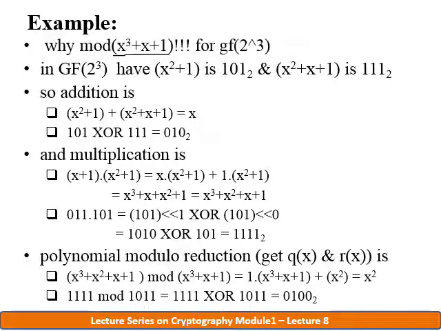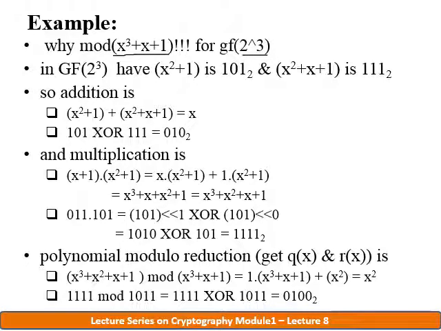It does not have any factors; I cannot factorize it. That is why I say this polynomial is irreducible. It is divisible only by itself or 1. So it is an irreducible polynomial for a Galois field of 2 to the power of 3.